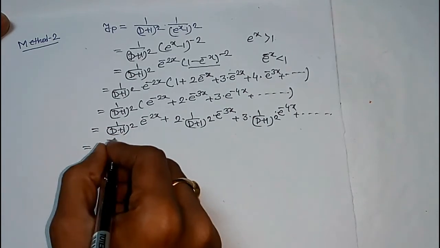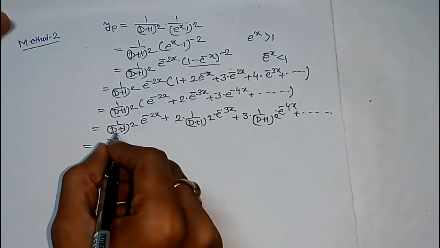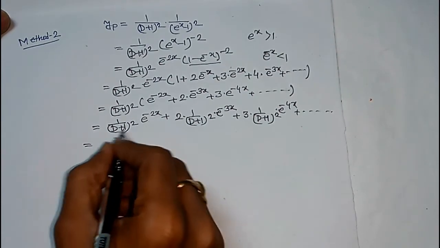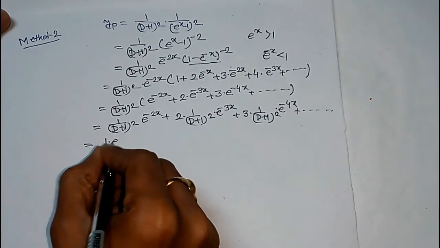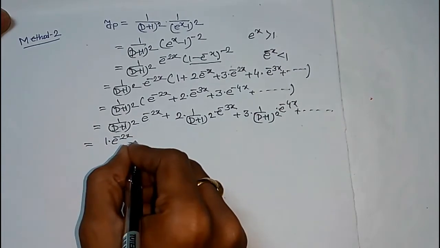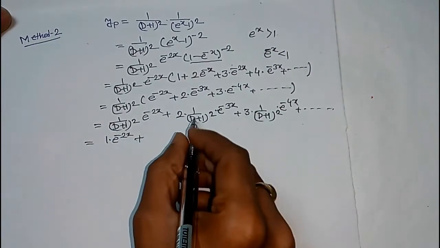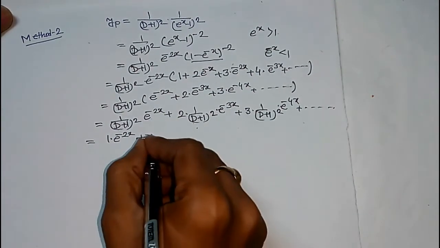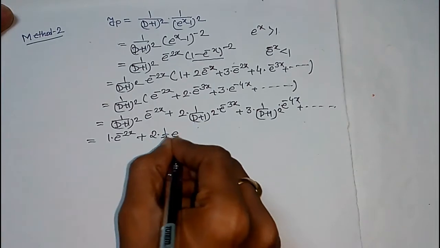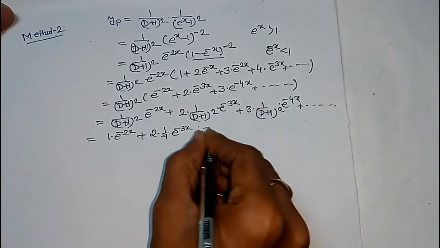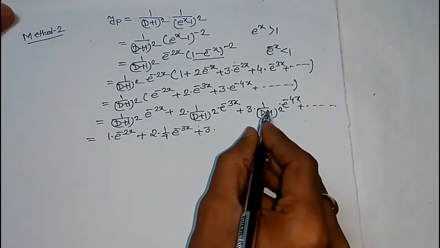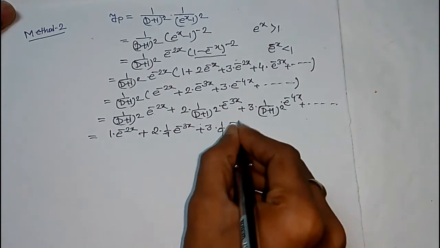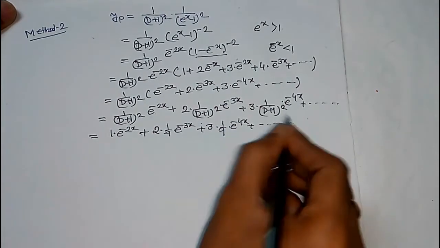If we apply this operator on this function, we know that we have to replace the value of D by minus 2. So if we replace D by minus 2, then it will be 1 by 1, so 1 into e to the power minus 2x, plus, if we replace D by minus 3, then it will be 1 by 4, so 2 into 1 by 4 e to the power minus 3x, plus 3 into, if we replace D by minus 4, then it will be 1 by 9, 1 by 9 e to the power minus 4x up to infinity.